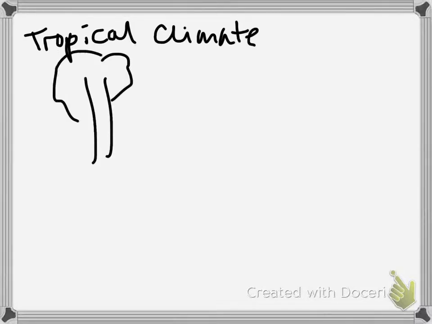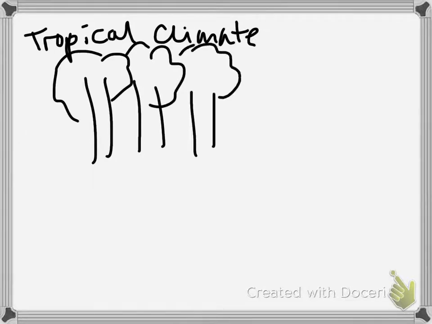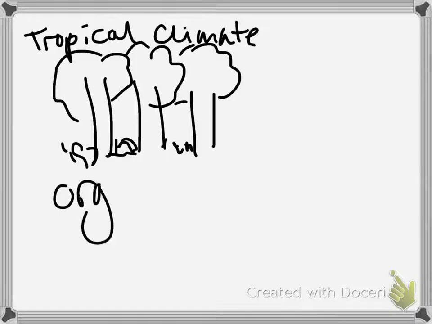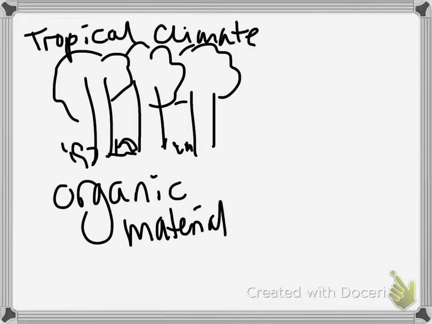Lots of plants in a tropical climate. So that means you're going to have lots of organic material. Okay, lots of it. So that means really rich soil. So then more plants are going to grow.